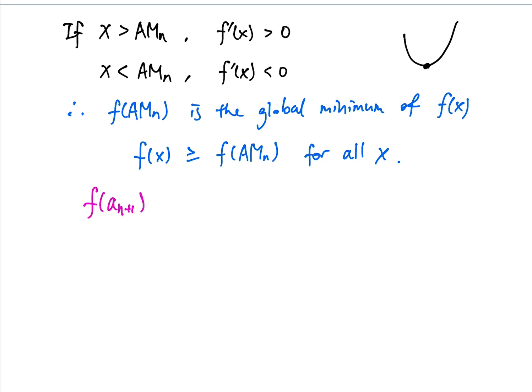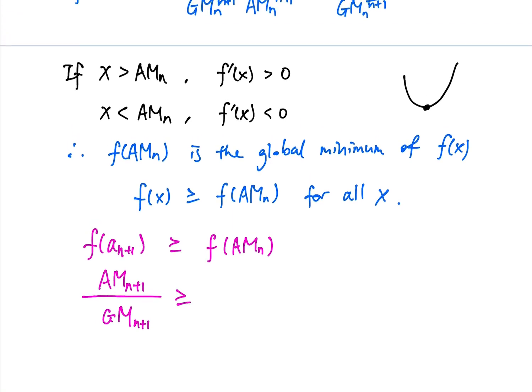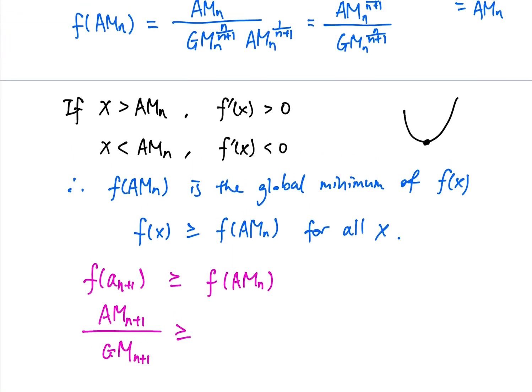If you put a_(n+1) into our function, of course this will be greater than the global minimum value. And in fact, the function, as I've just explained, is exactly the arithmetic mean when there are n plus 1 numbers over the geometric mean when there are n plus 1 numbers. This is greater than or equal to the global minimum value of the function.